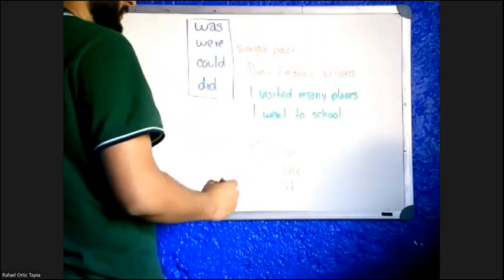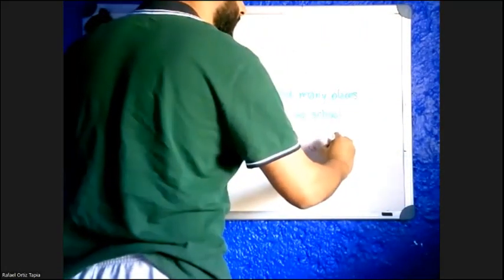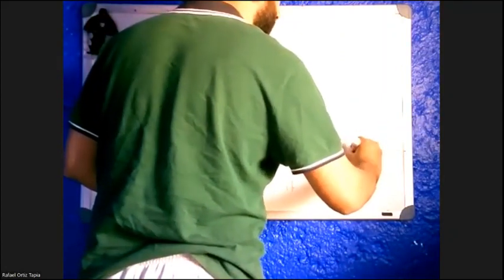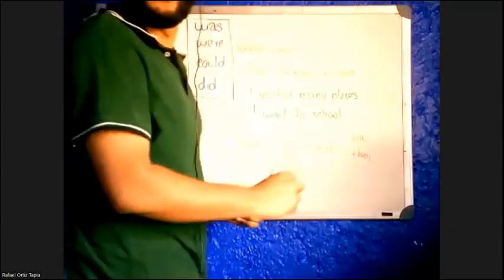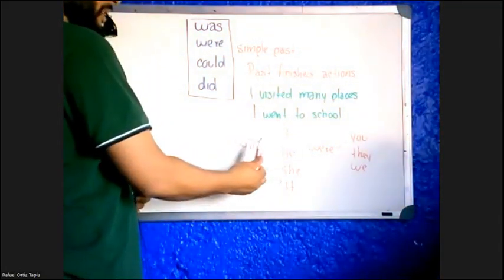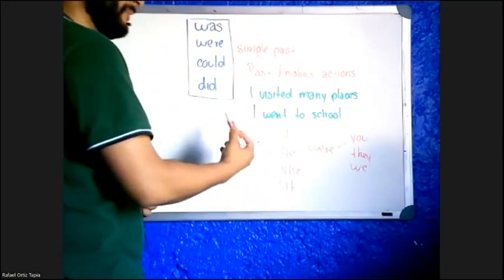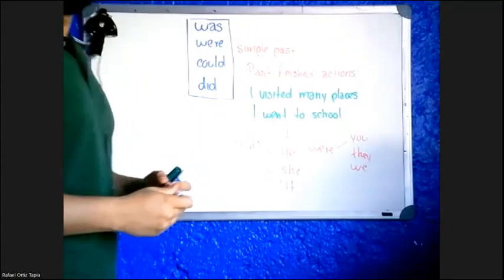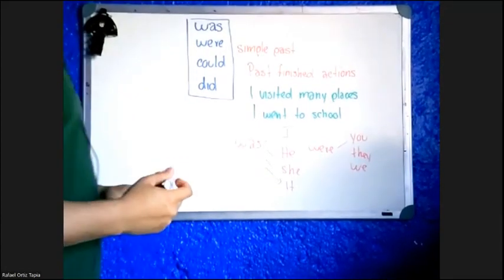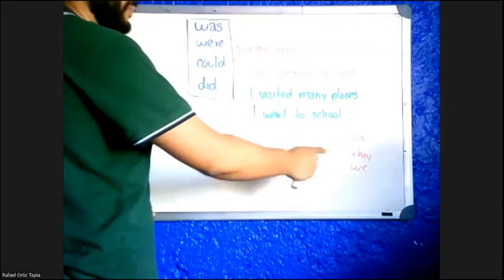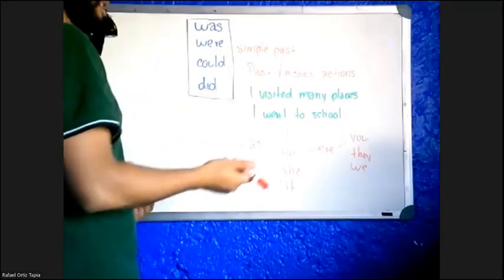And you are going to use were whenever you have you, they, or we. Ahora, significa entonces, si dicen I was, yo estaba, o yo era. Was y were es el pasado de am, is, are. Entonces, si dicen you were, tú eras o tú estabas. They were, ellos eran o ellos estaban. We were, nosotros éramos o estábamos.